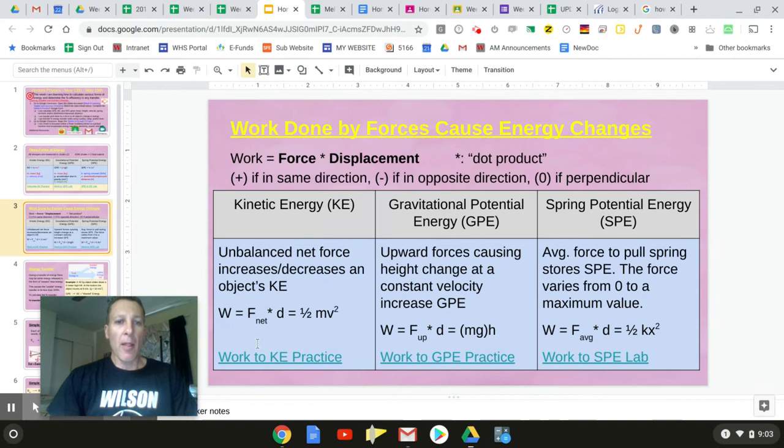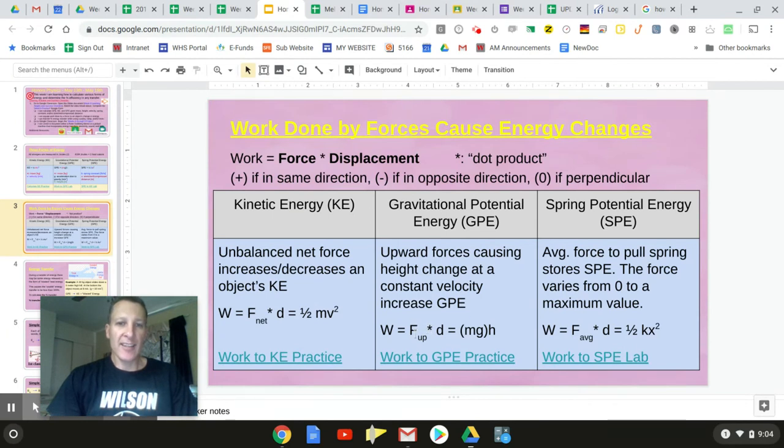Okay. This is a very nice interactive practice where you are equating the work done by a net force to the object's change in velocity. Okay. Gravitational potential energy, whenever our forces are upward, causing a height change and steadily moving an object upward, that upward force is essentially the weight of the object.